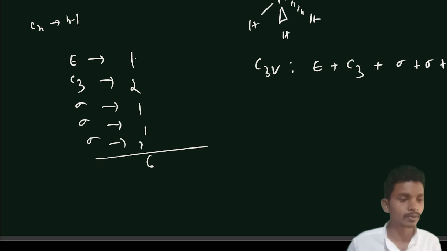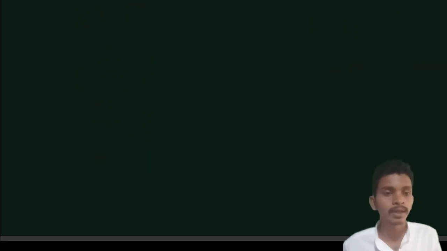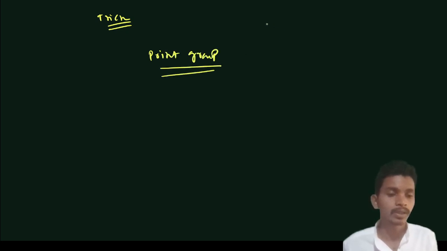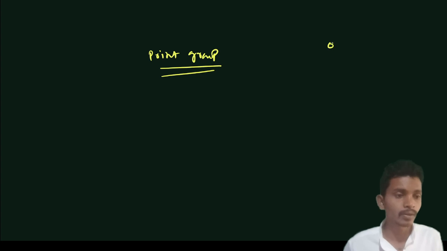Okay, so we have a formula to remember. If I write the point group, the order of the group is represented by h.